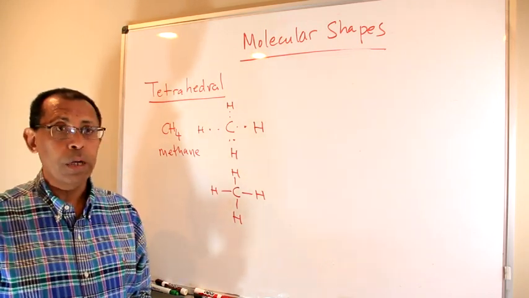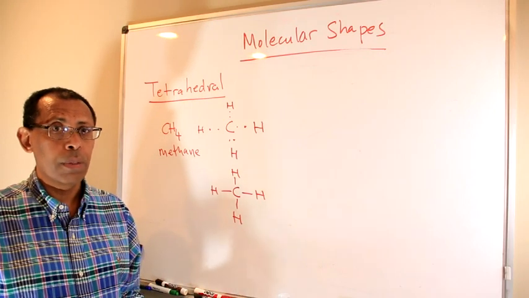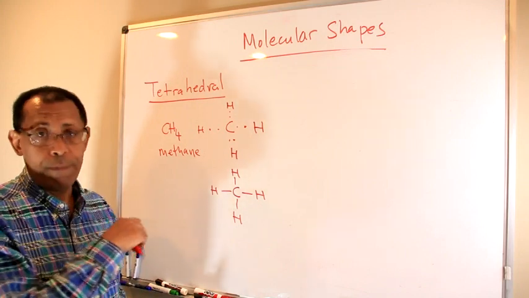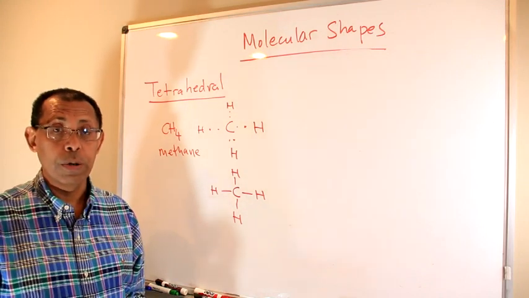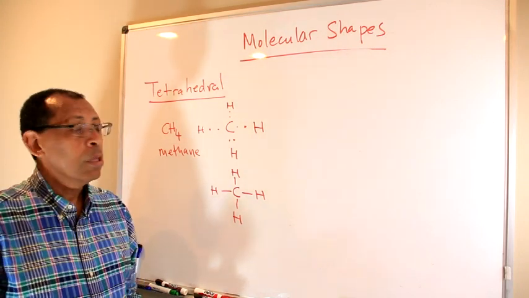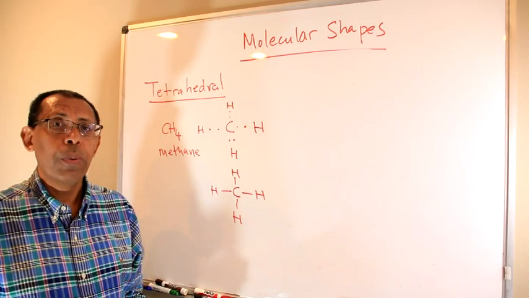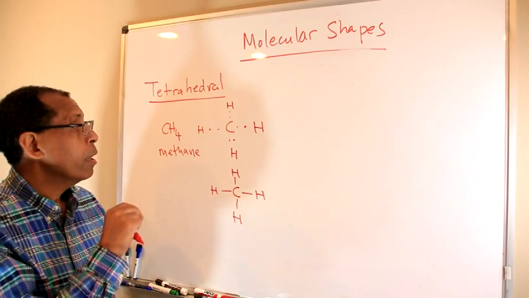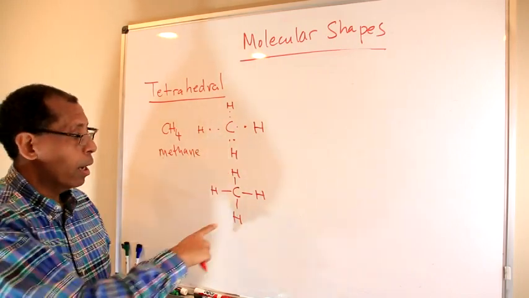So I remind you to practice this, because most of the organic compounds now would have obviously carbon and hydrogen bonded to them. You need to understand how to draw carefully and precisely what a tetrahedral geometry around carbon is.